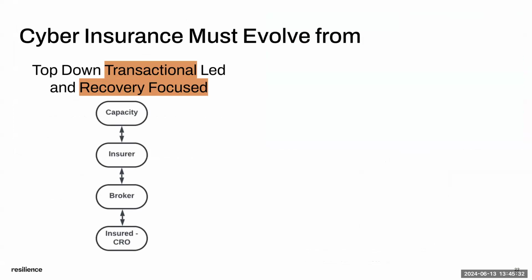We have capacity providers who supply to insurers, who are represented by brokers, and ultimately brokers speak to the insured, usually, maybe primarily through a chief risk officer. In most cases, this is not obviously always true, but in most cases, the various levels within the hierarchy don't really communicate with each other. So we tend to be divided in terms of how the flow of communication exists and occurs.